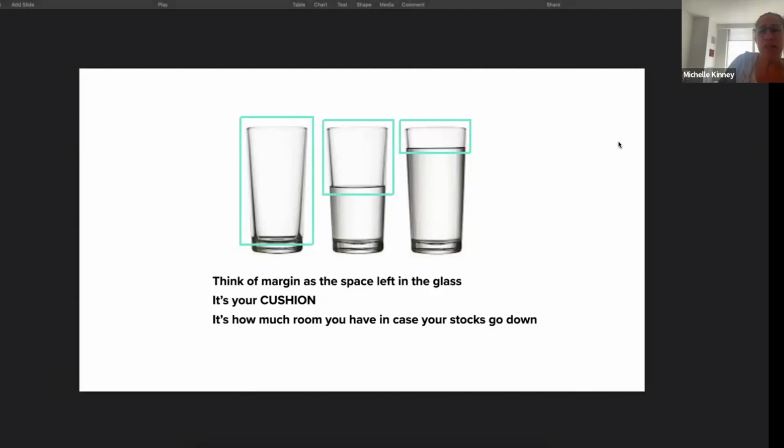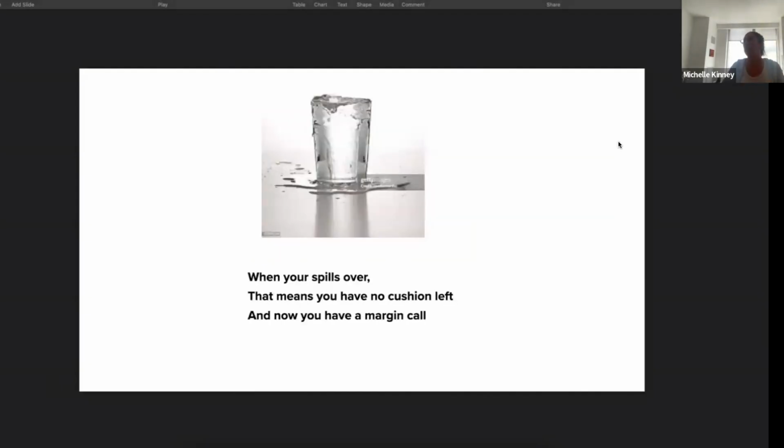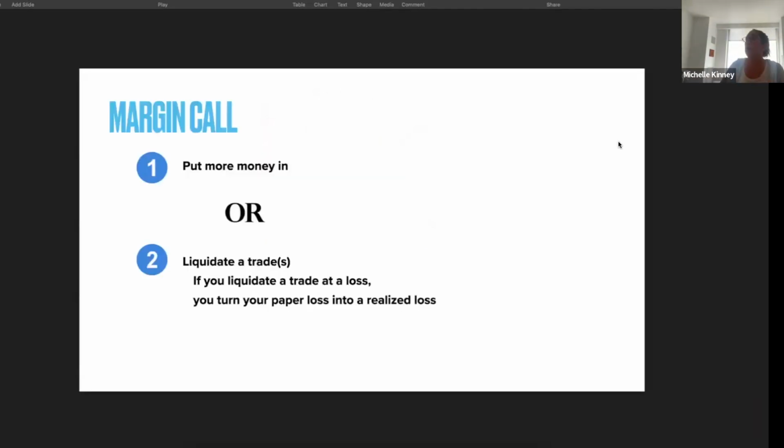And what happens if you don't have enough money in your account and you're taking on too many positions? If your glass starts to overflow, it means you don't have any cushion left. That's what creates a margin call. Now, what is a margin call? Probably some of you have heard of it. Basically, it means you don't have enough money in your account to support the positions you have.